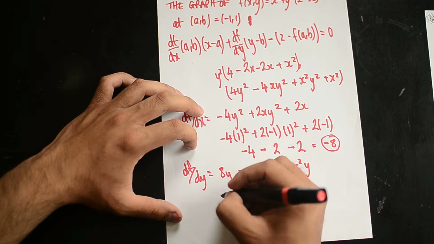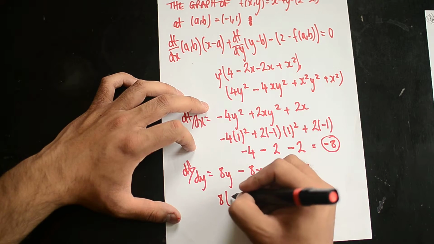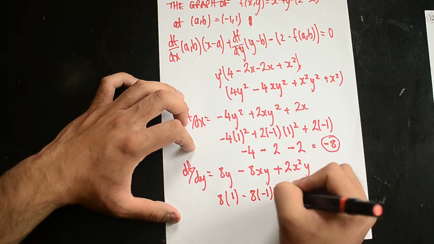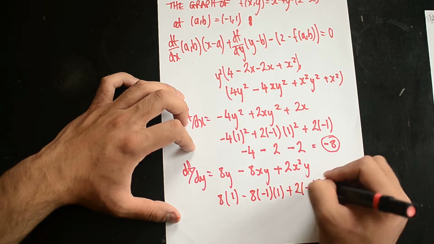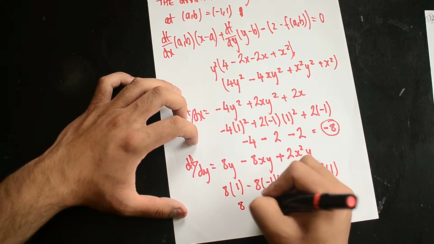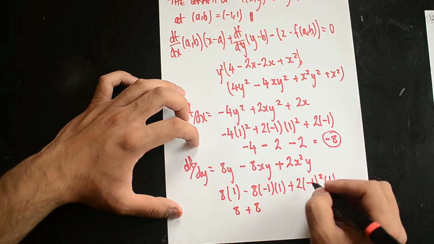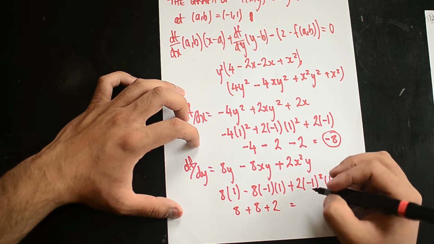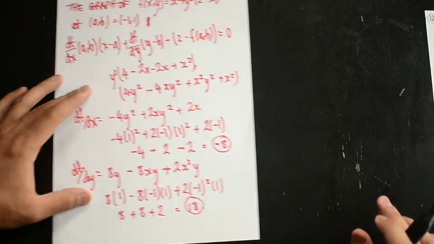So you're going to get 8y, which is 1, minus 8 times minus 1 times 1, plus 2 times minus 1 squared times 1. Remember your brackets, because the -1 goes in, which would be 8 plus 8, and negative 1 squared is 1, so that would be plus 2. So that is 18. So now I have my df/dy.